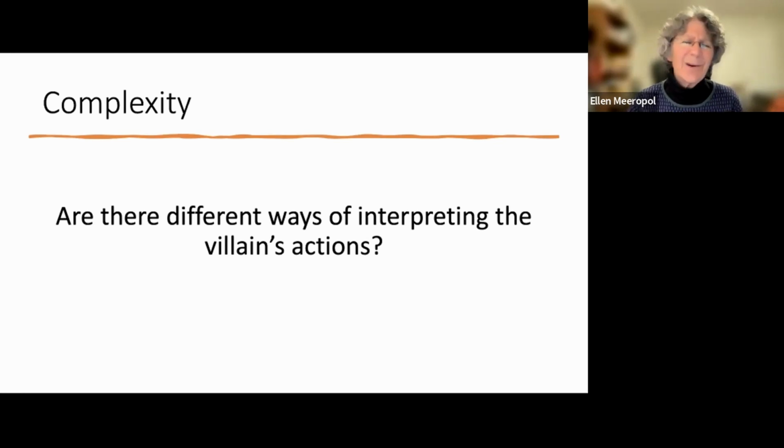Is it illegal, but morally just? I think complexity is also really critical in any kind of politically engaged fiction. And we often think about it in terms of, does the end justify the means that the villain uses? Interesting things to think about and write about.